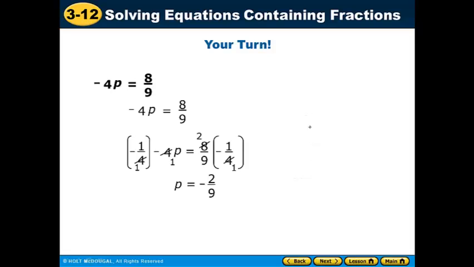And here is the answer. Again here, this is actually 4 over 1. So we want to multiply by -1/4 on both sides. Okay, and then here goes the rest of the steps.